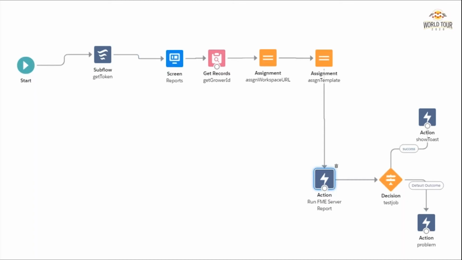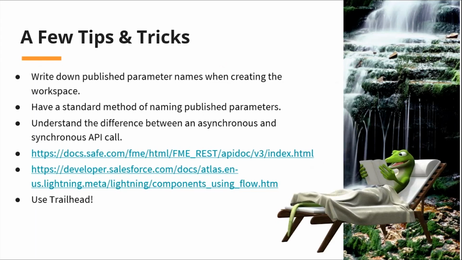You're just copying and pasting in the template, and then inside the template, you're assigning the variables from your flow to the different published parameters before they even go into my component to get sent to the REST API.